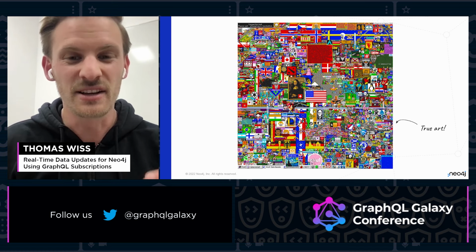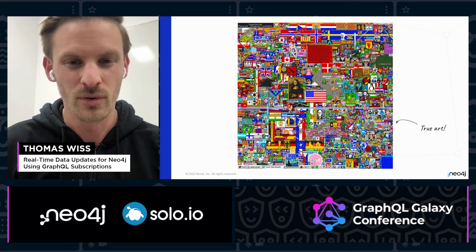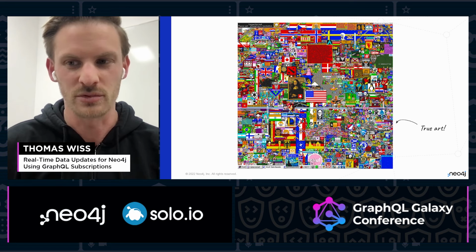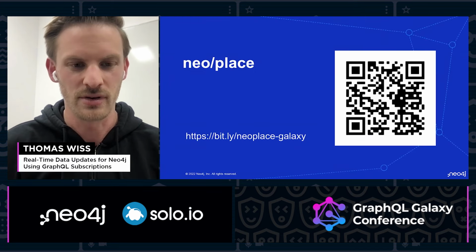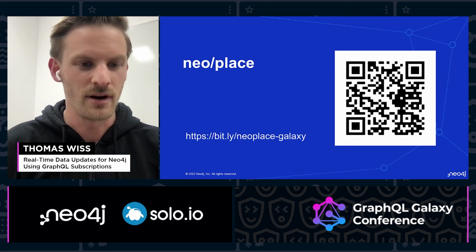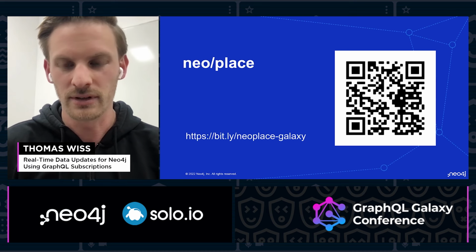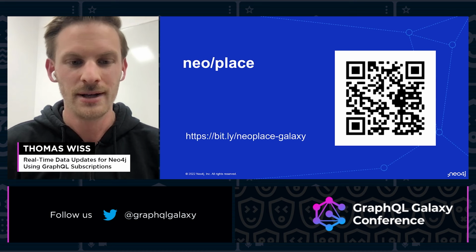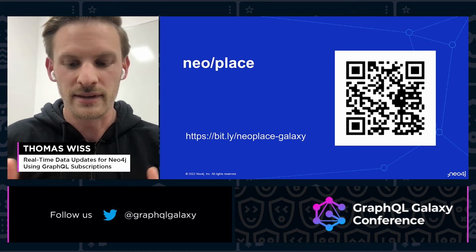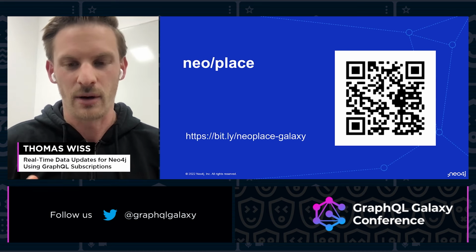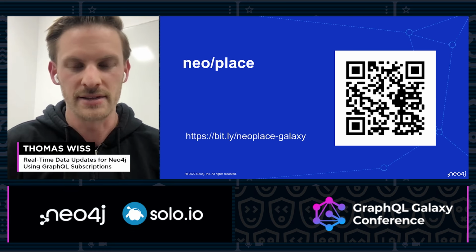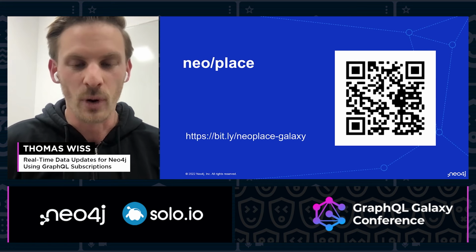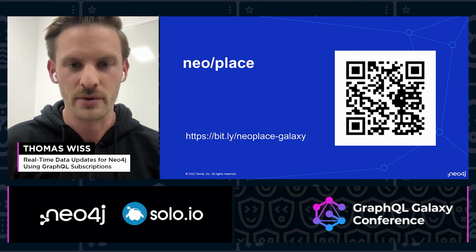And we thought, this is the coolest thing to showcase our GraphQL subscriptions. And we did just that. We created NeoPlace for you. You can actually access it right now under this bit.ly link, or the QR code here that is visible. And we took the same ideas, but built it with the things that I just highlighted before, with a Neo4j database in the cloud, a broker to make horizontal scaling possible, and Vercel.